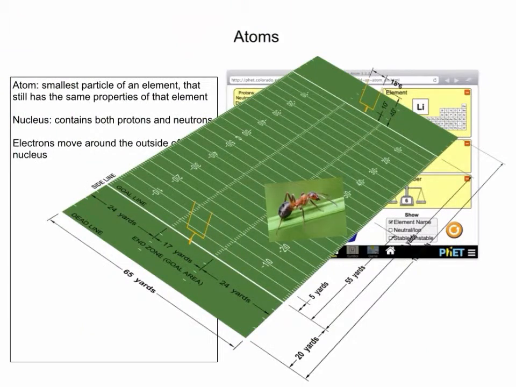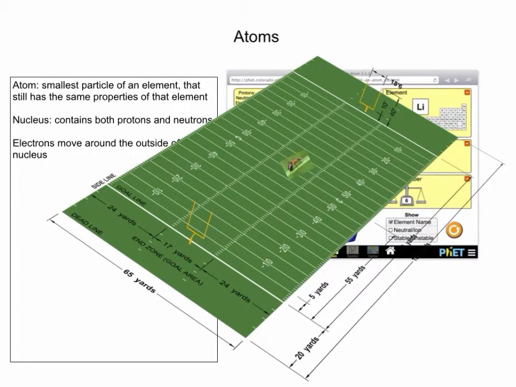Well, it would be the size of an ant, so even smaller than I can make this picture of an ant, on the middle of the football field. So the atom is really, really big compared to the nucleus where the protons and neutrons are.